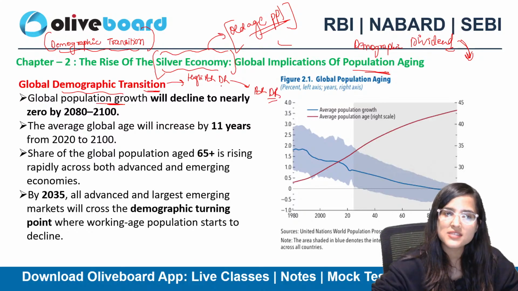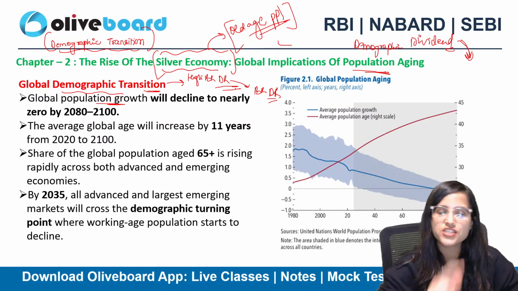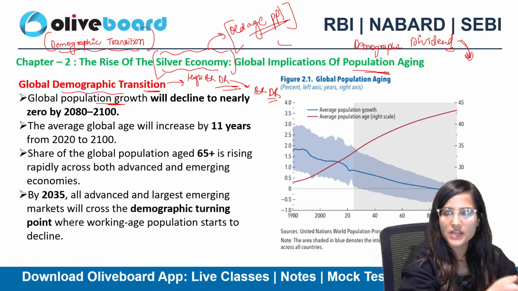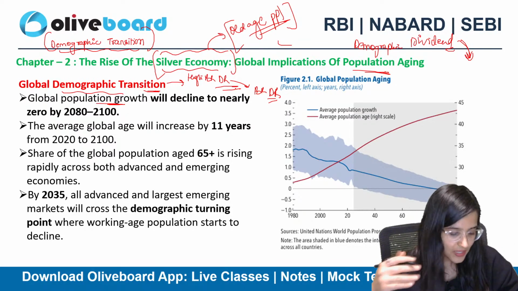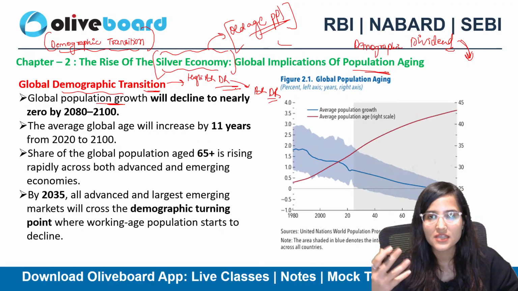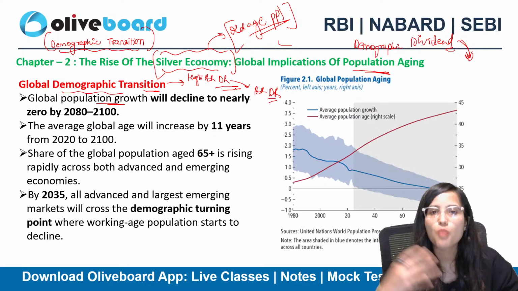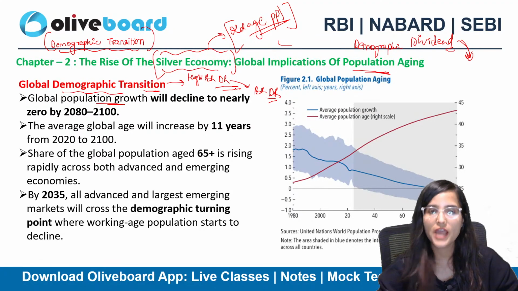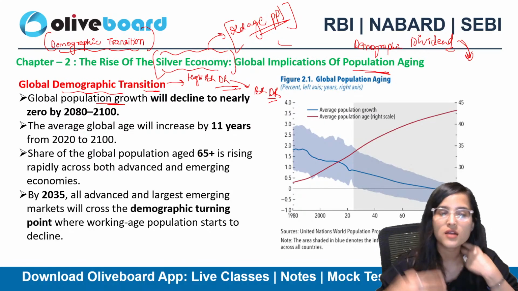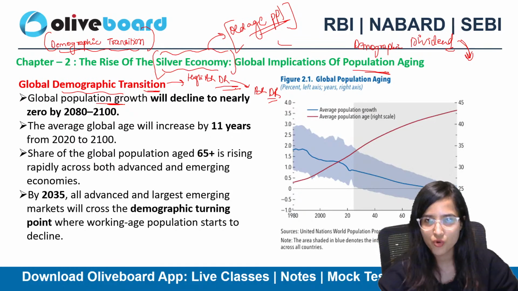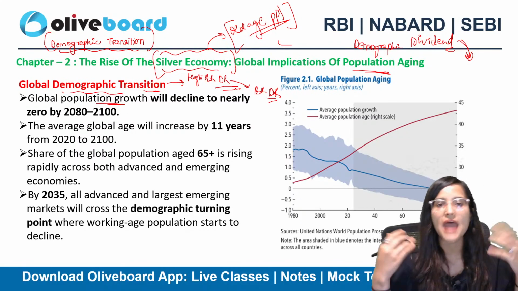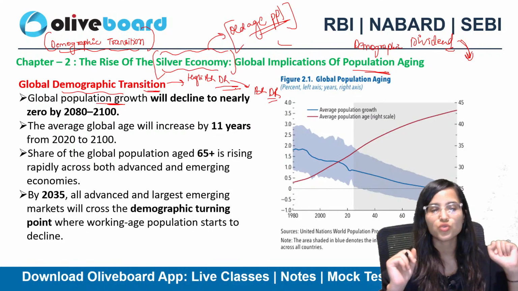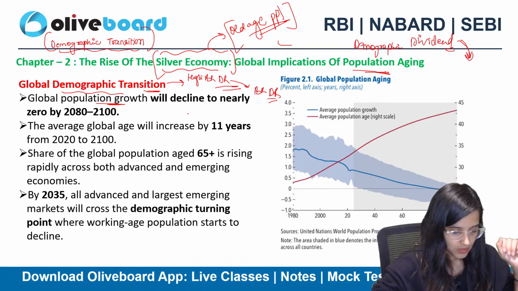So it analyzes the transition of economies from a developing or underdeveloped economy to a developed economy. ठीक है. So this also analyzes the population growth, how the population is growing, what kind of population is growing, do we have the young more or do we have the old age more. So over a period of time, through these birth rates and death rates, we analyze what kind of population growth is there. ठीक है.